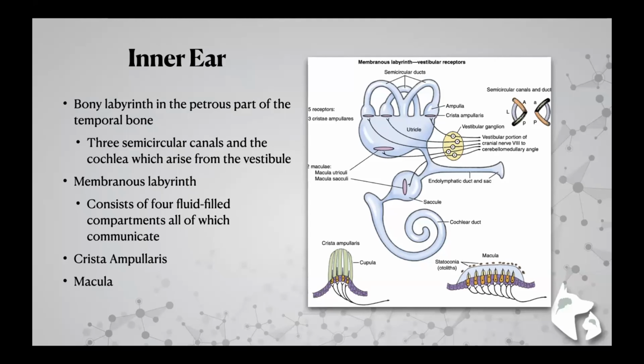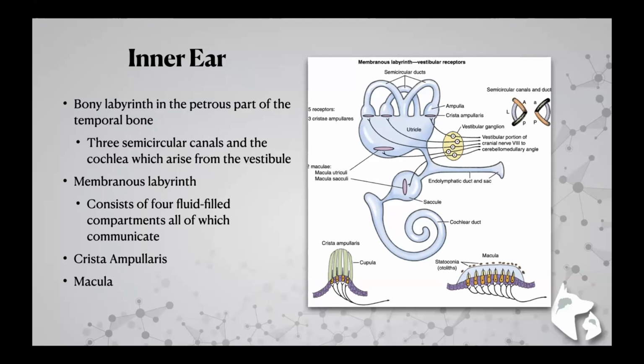So within the utricle and the saccule, there's another specialized organ called the macula. The macula utriculi is within the utricle. The macula sacculi is within the saccule. And these are responsible for static equilibrium and are typically used more for up and down and side to side movement.